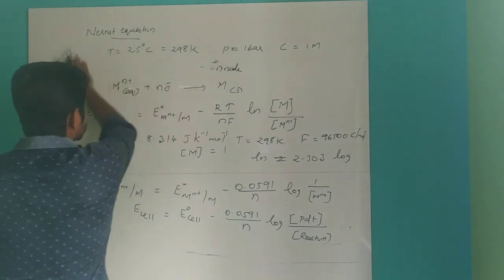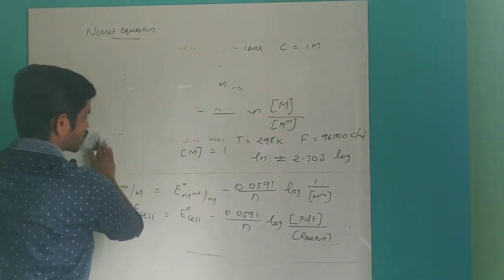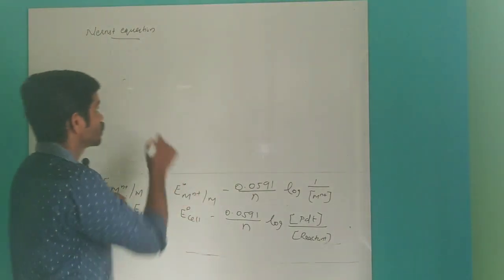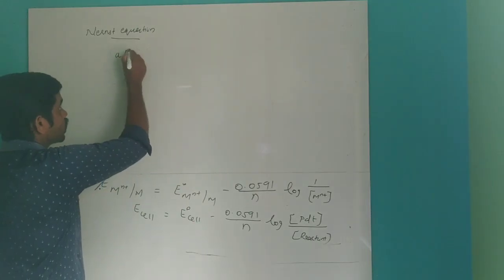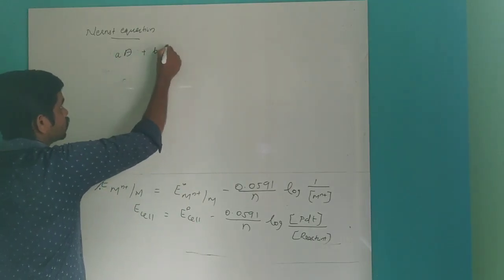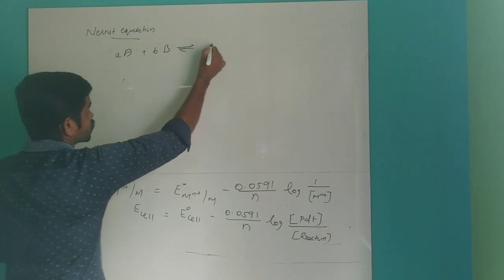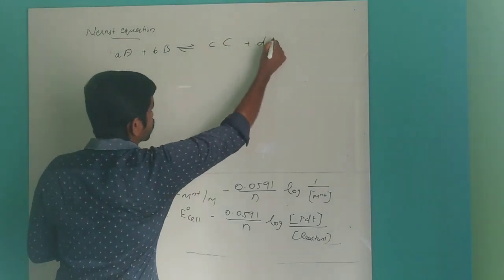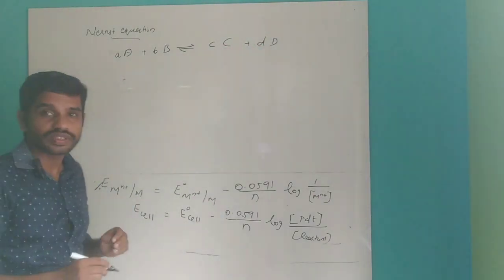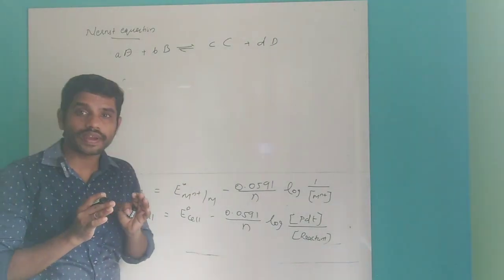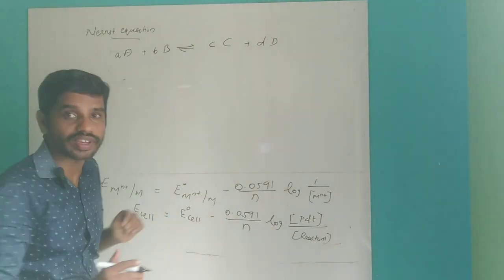For a general reaction, suppose I am writing aA plus bB gives cC plus dD. What is the Nernst equation for this general reaction?